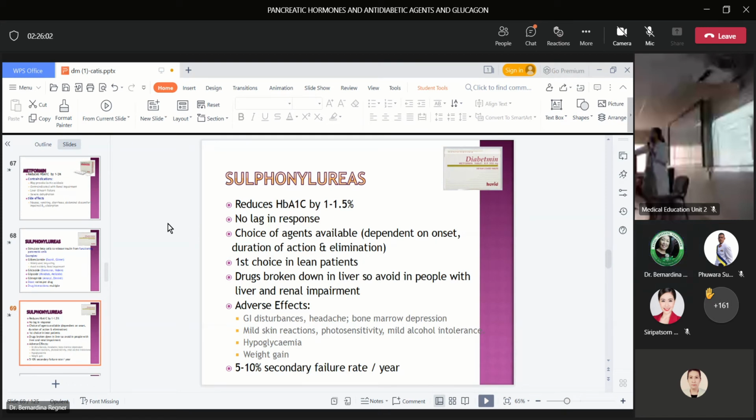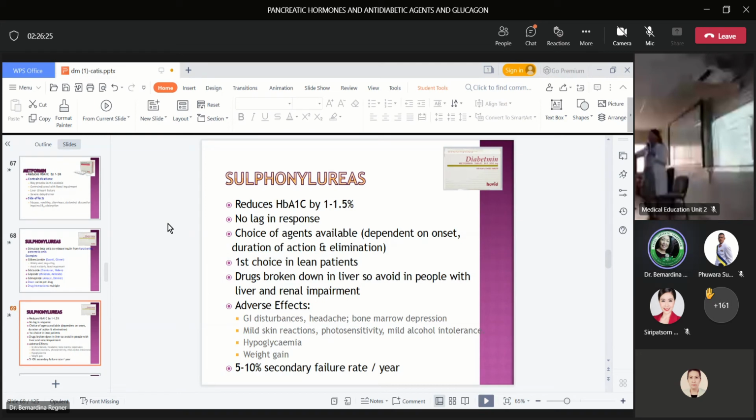Okay? So it is the first choice in lean patients. The drug is broken down in the liver, so avoid it in people with liver and renal impairment. Adverse effects: GI disturbances, headache, bone marrow depression, mild skin reactions, photosensitivity, mild alcohol intolerance, hypoglycemia, and weight gain.